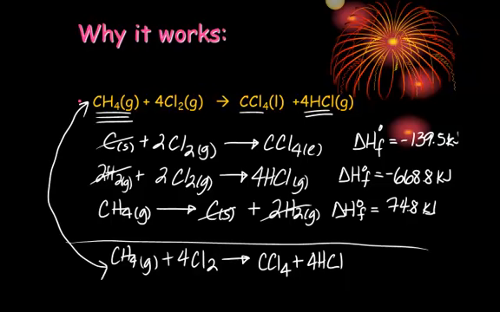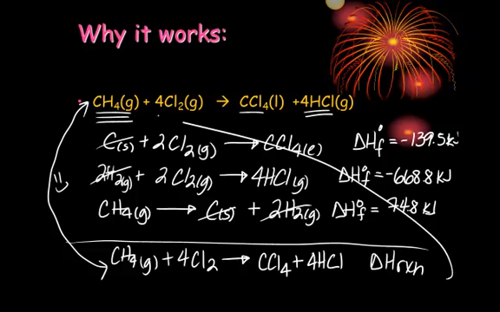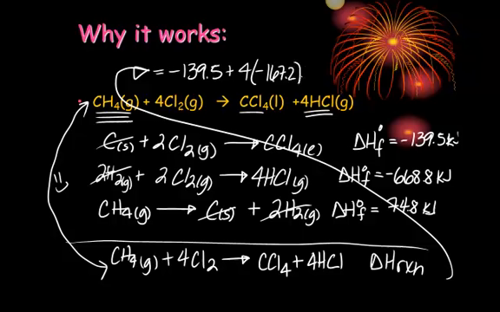Now, if we look at that in terms of the delta H's, the delta H for this reaction is equal to the heat of formation of carbon tetrachloride, which is negative 139.5, plus 4 times the heat of formation of the HCl, which is negative 167.2, giving negative 668.8.